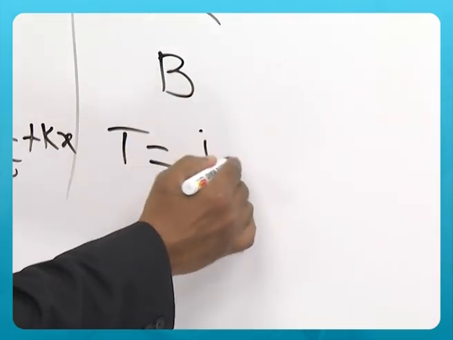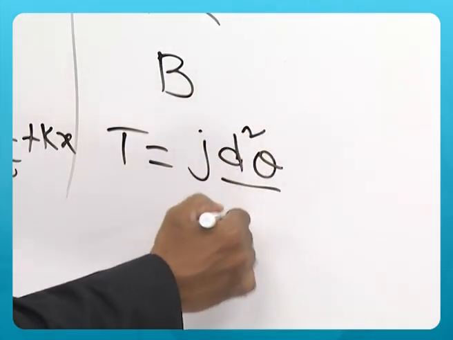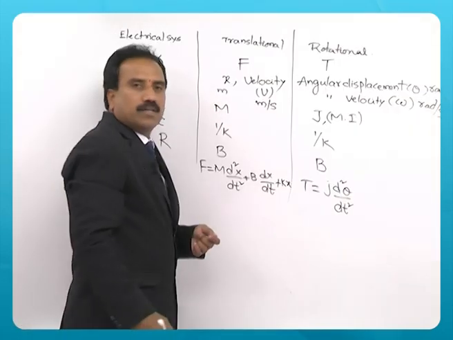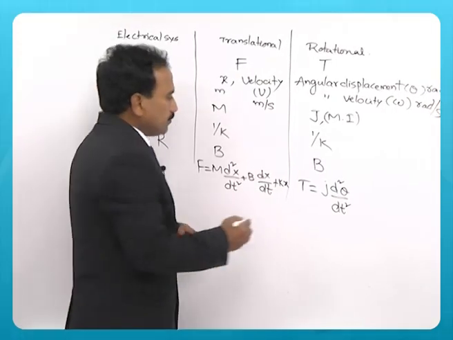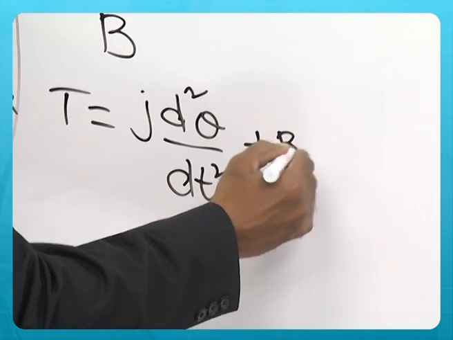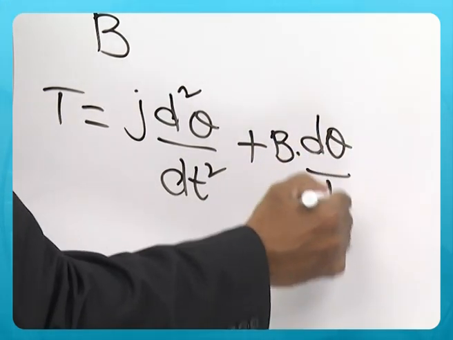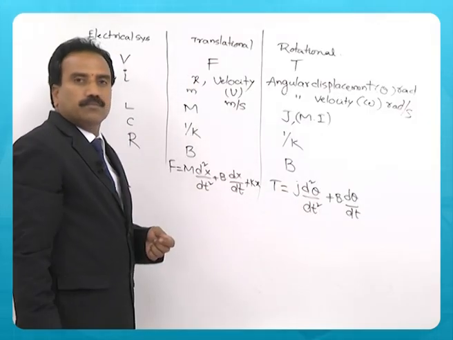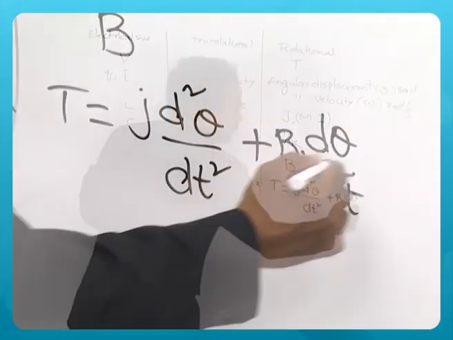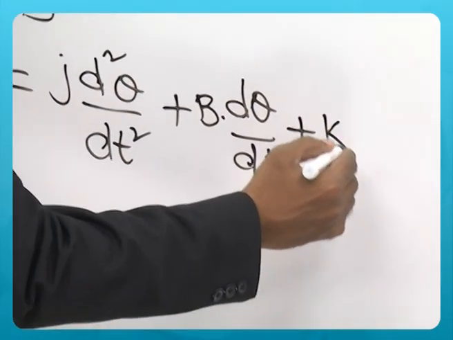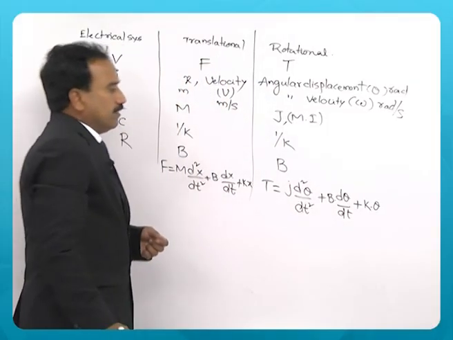So, it is J d square theta by dt square, angular acceleration term, then B d theta by dt, velocity term, this is angular velocity term in radians per second, plus k into theta.